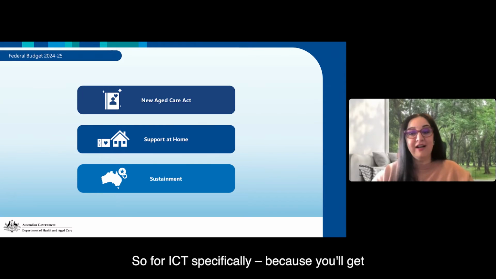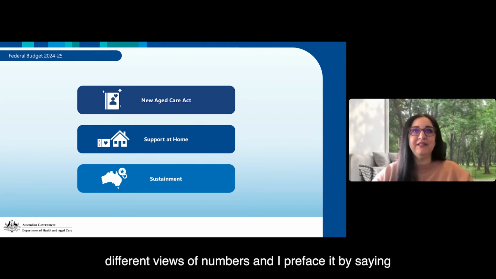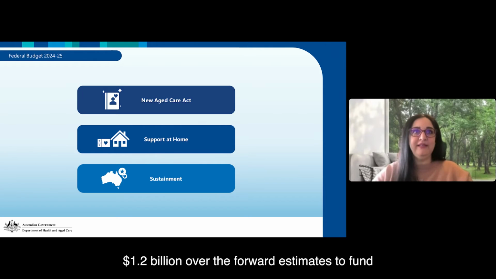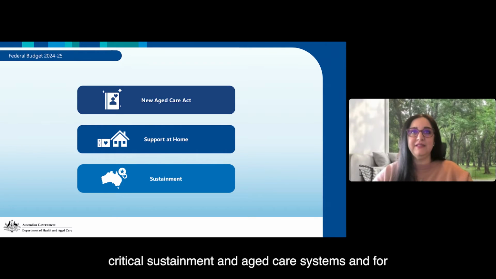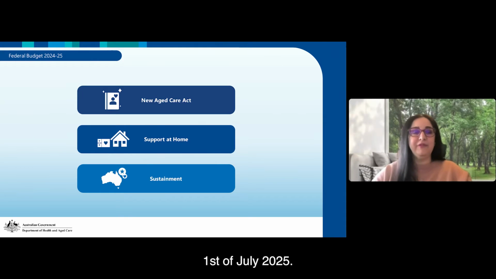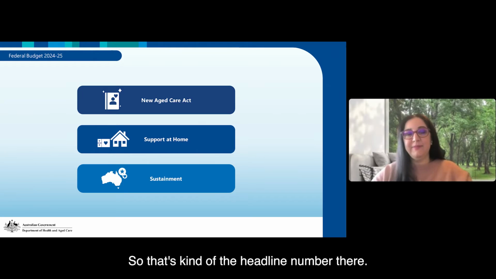So for ICT specifically, because you'll get different views of numbers, and I preface it by saying for ICT in particular, for me, the budget papers had 1.2 billion over the forward estimates to fund critical sustainment and aged care systems, and for enhancements to support the new Aged Care Act from the 1st of July 2025. So that's the kind of the headline number there.